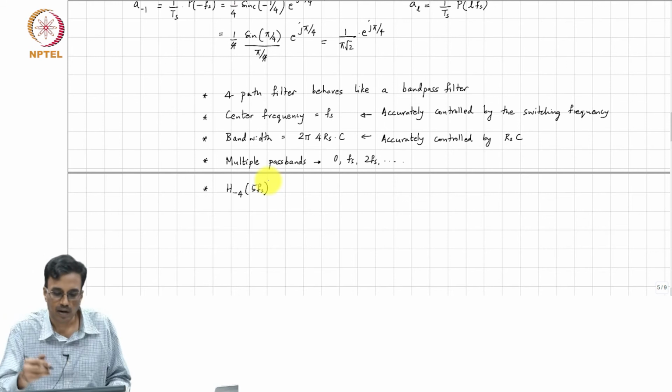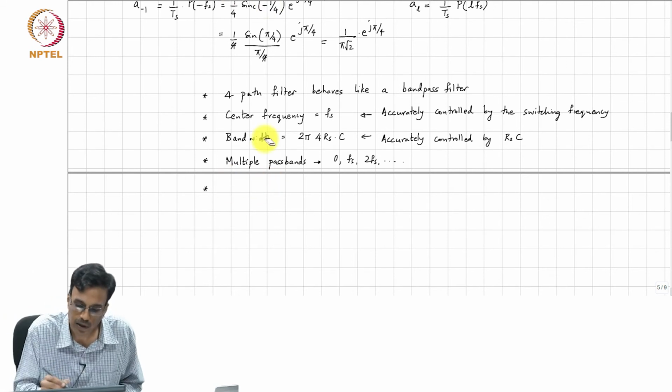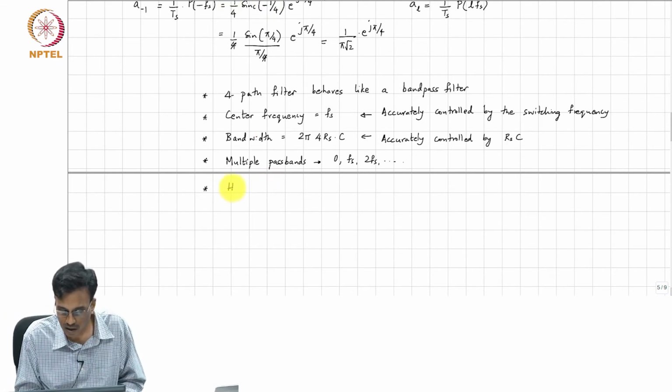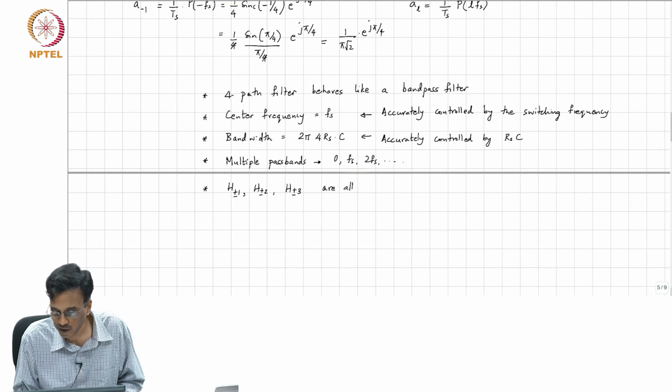Remember, only what is 0? Let me write that down. H1, H plus minus 1, H plus minus 2, H plus minus 3 are all 0. And why are they all 0?